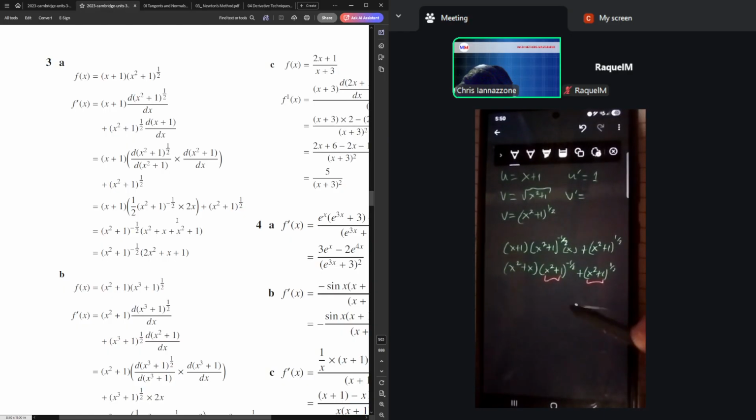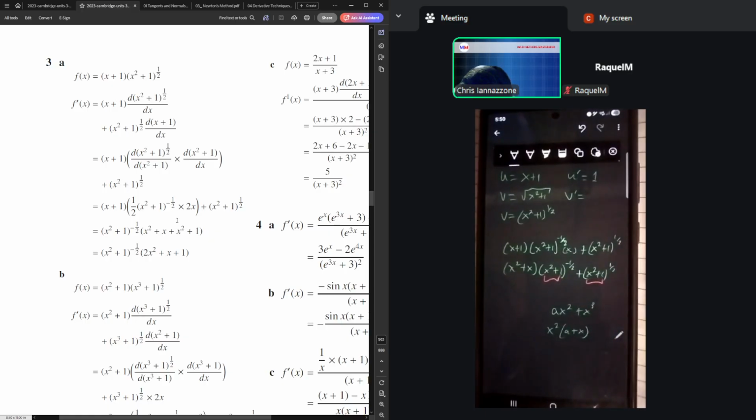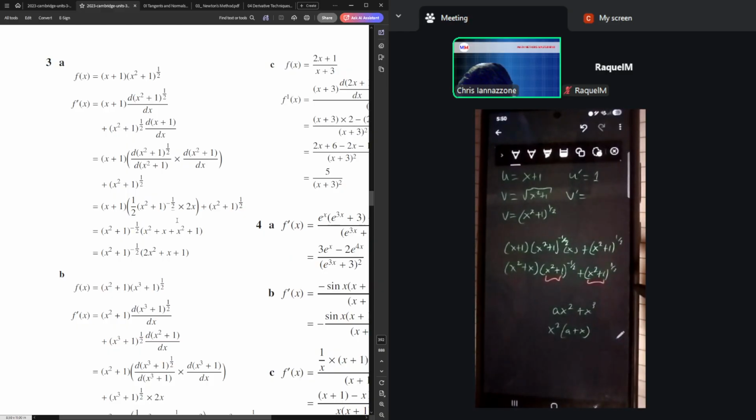It does make it a bit harder to see how the factorization works though, so it's worth having a quick revision. If we have something like this, you're just taking out the same amount from both. So the biggest that we could take out of both would be the x squared, giving you a plus x like that. So we need to take out, in this case, if we're taking out negative a half, we need to take out negative a half from this, but also take out negative half from that.